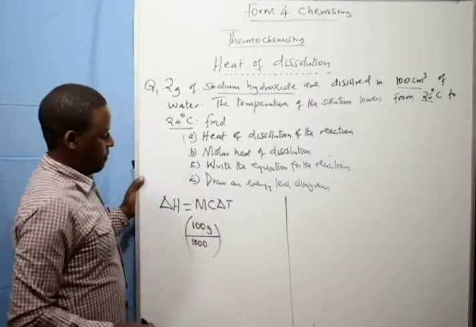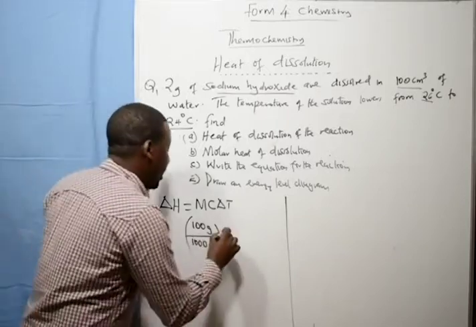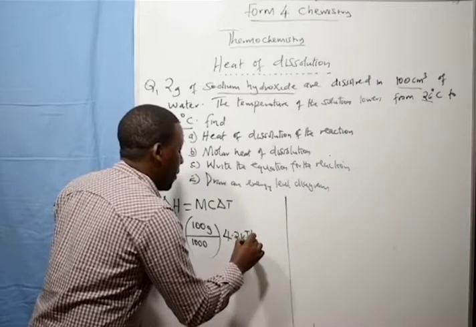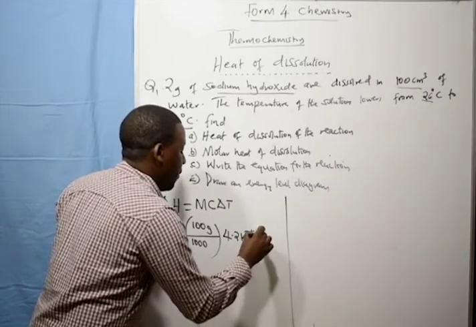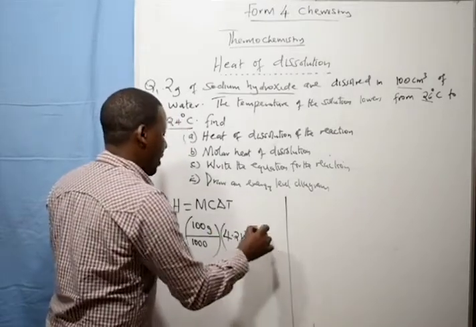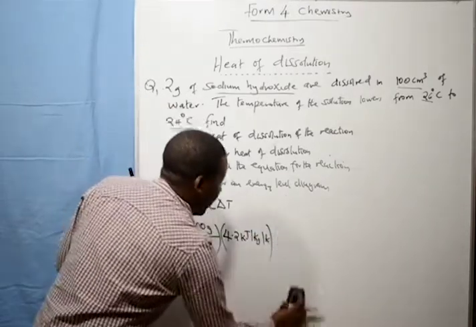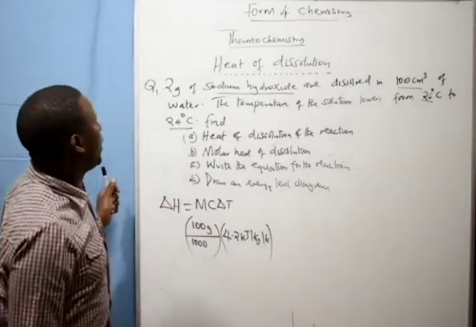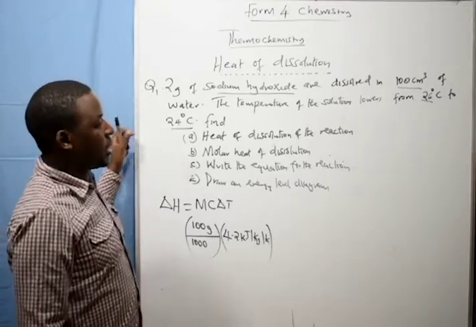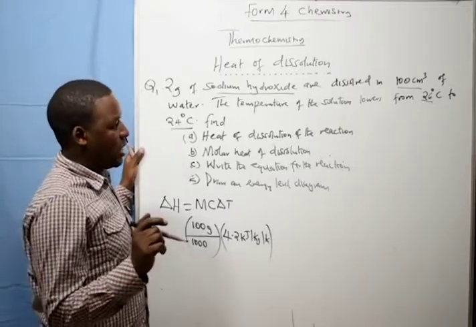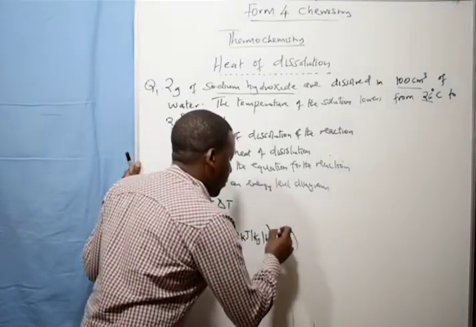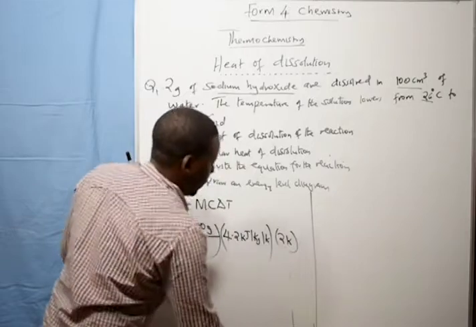That is our mass. Then capacity is 4.2 kilojoules per kilogram per Kelvin. Then our delta T is 24 minus 26, you get 2 degrees. You change that to Kelvin, becomes 2 Kelvin. Multiply by 2 Kelvin.